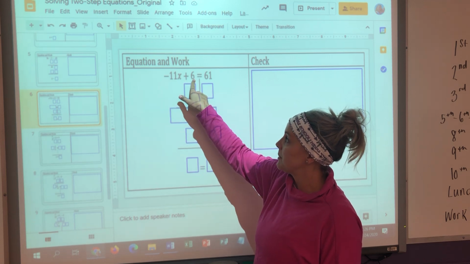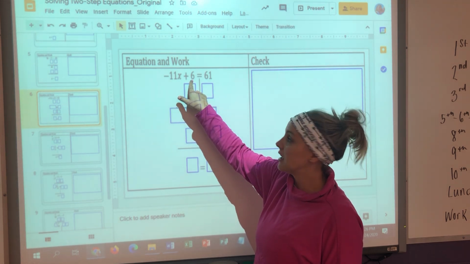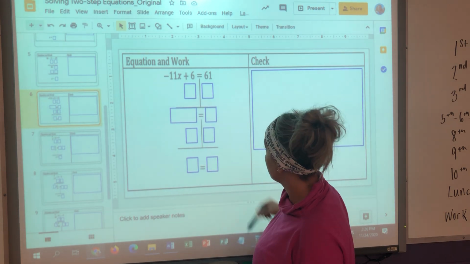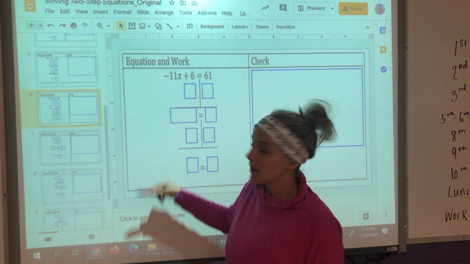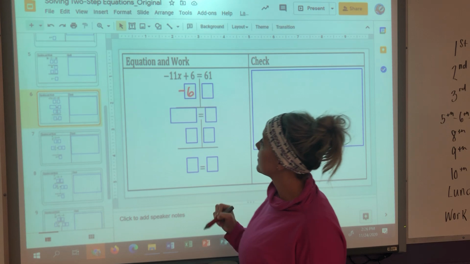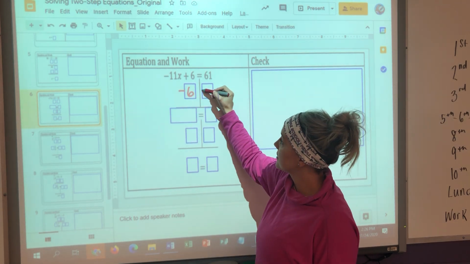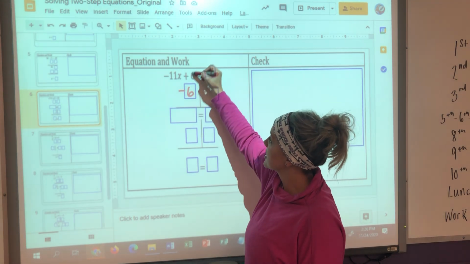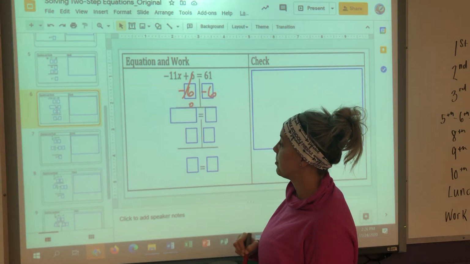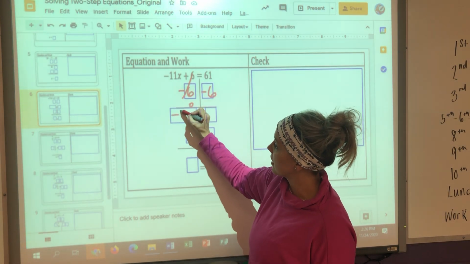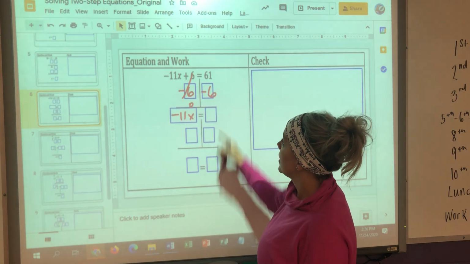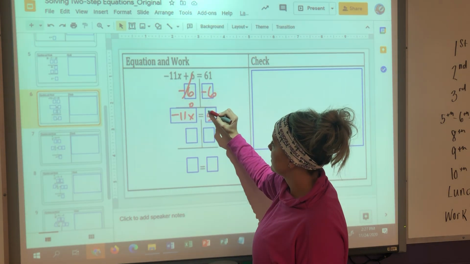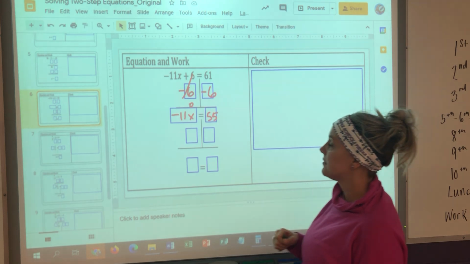Our variable term is being added to 6. So the inverse of adding 6 is subtracting 6. If I subtract 6 on the left, I need to also subtract 6 on the right. 6 minus 6, there's our zero pair. So my variable term now comes down. 61 minus 6 is 55.